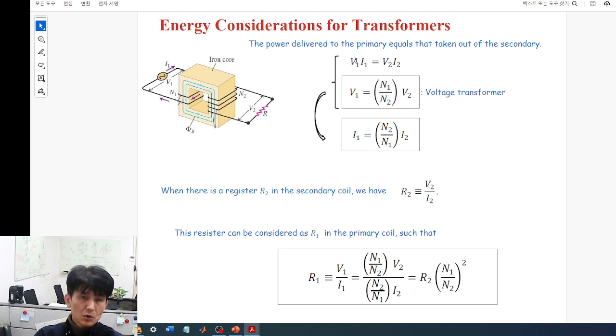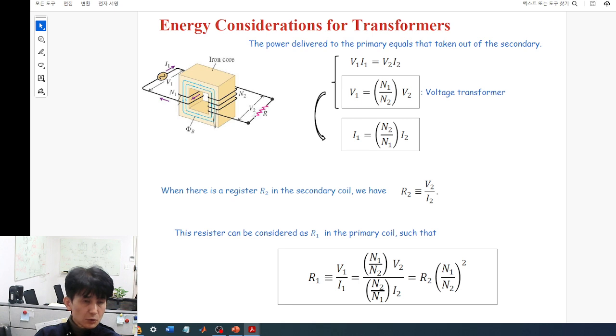Then because of the energy conservation, the current ratio between coil 1 and coil 2 will be such that I1 is twice as much as the current passing through coil 2.